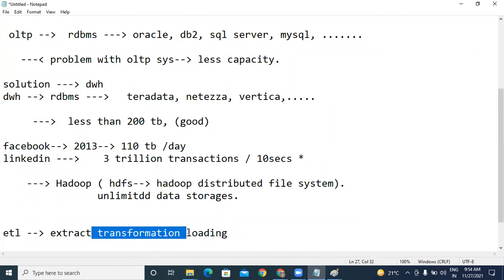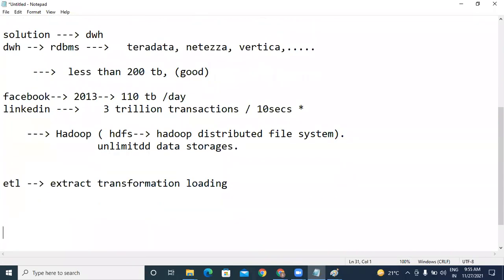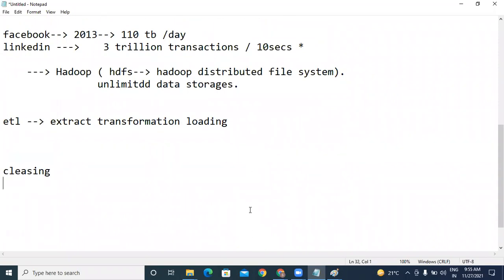My question here: before loading something into the target system, what is the importance of transformation? Maybe cleaning the data. That means simply data cleansing, because raw data is always not fit for your target business analytics. A small example: in a particular application, you are signing up, sir.